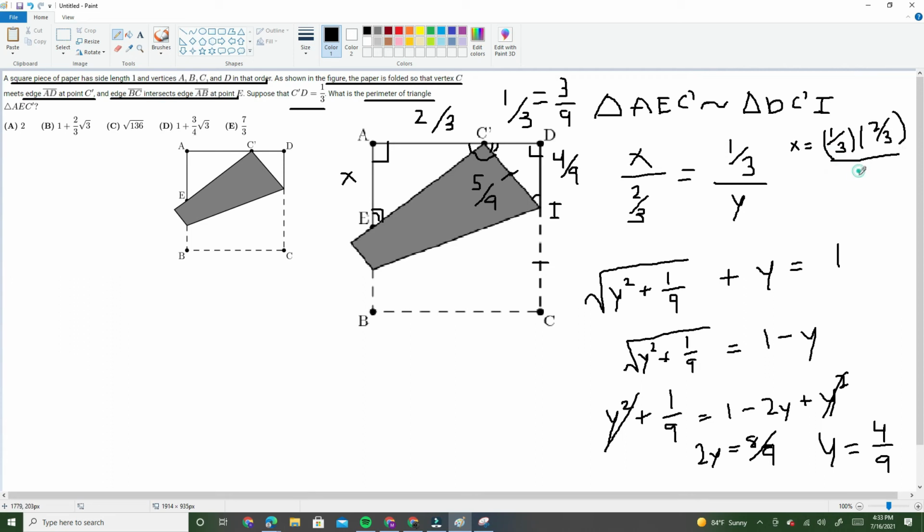And since y was 4/9, we can just substitute that right in here. From here, we can cancel through, because 1/3 times the 1/3 in the denominator would give us 1/9. Similarly, there's a 1/9 down here. So we get that x is really 2/4, or 1/2. So we can replace this x in our diagram by 1/2.